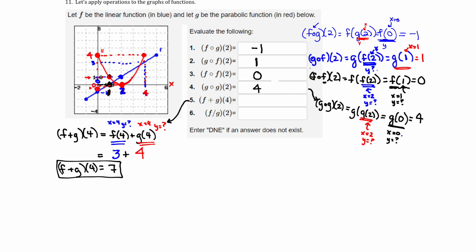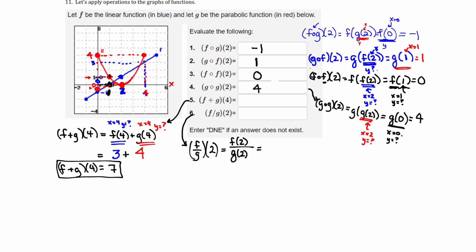All right, very last one. F divided by g of 2. In other words, we're looking for the division of the two functions f and g evaluated at 2. And we can dissect this and look individually. So that means we're taking the function f, evaluated at 2, and then dividing it by the function g, evaluated at 2.